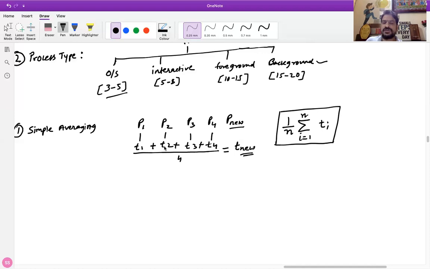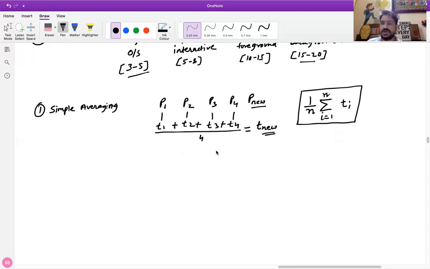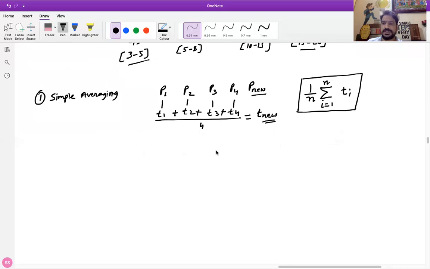The averaging of all these OS-based processes is, let's say, 4. And if it is a background process, how much is it taking? You see, 15 to 20. That cannot be achieved by this particular method, right? So that's why this is also not suitable for the prediction of the burst time.